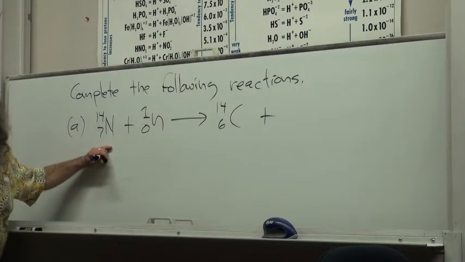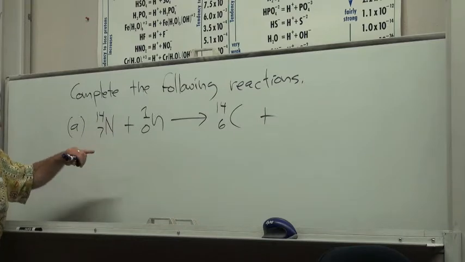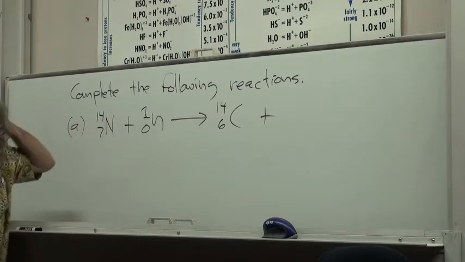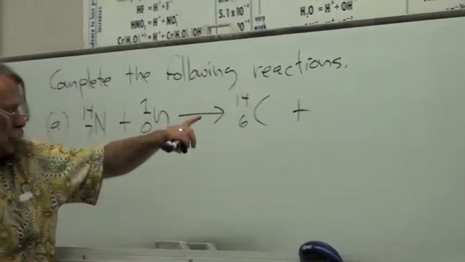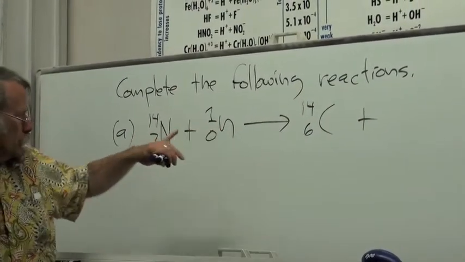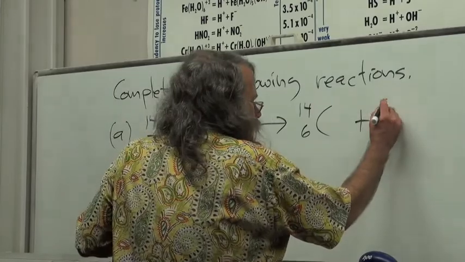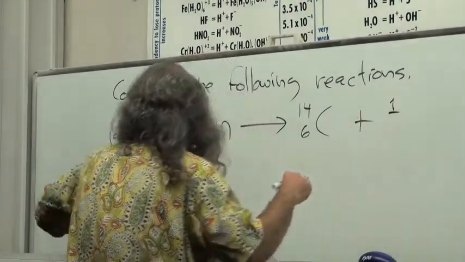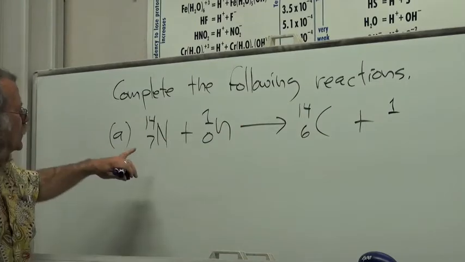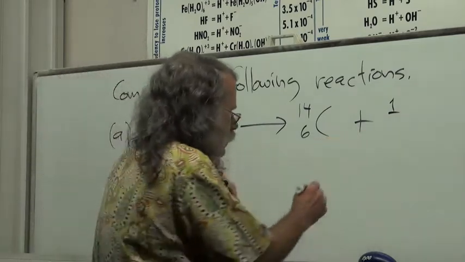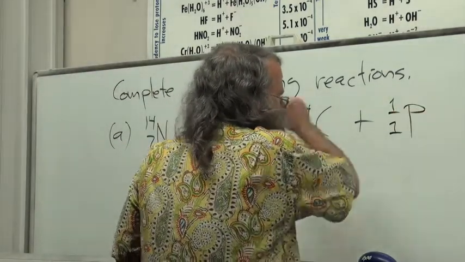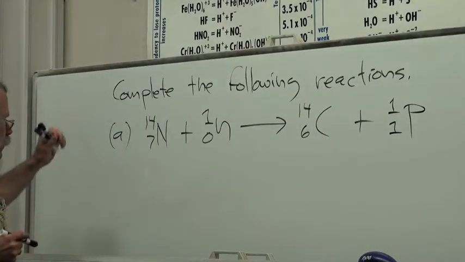What's the composition of the air up there? Is it the same or different from the composition of the air down here? It's the same. So about 78% of the air is nitrogen, and it gets bombarded by neutrons, and that gives us carbon-14 plus what? Conservation of atomic mass number gives us a 1, and conservation of charge number gives us a 1. And that turns out to be a proton.